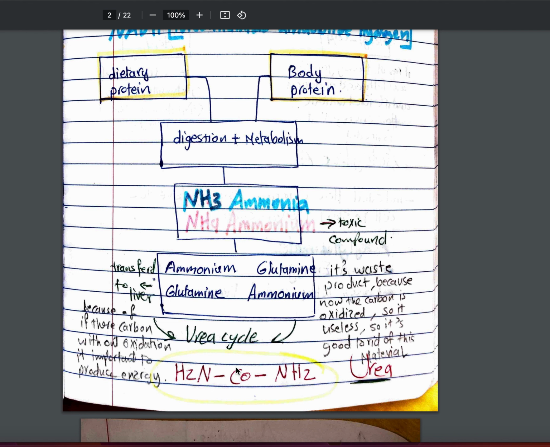The carbon here has a double bond, the carbon here is oxidized, that is why urea is the waste product. Because the carbon is oxidized, it's good to get rid of it. If the carbon is not oxidized, then we use this carbon for the production of energy. Remember also that the first reaction of the urea cycle happens inside the mitochondria of the liver.